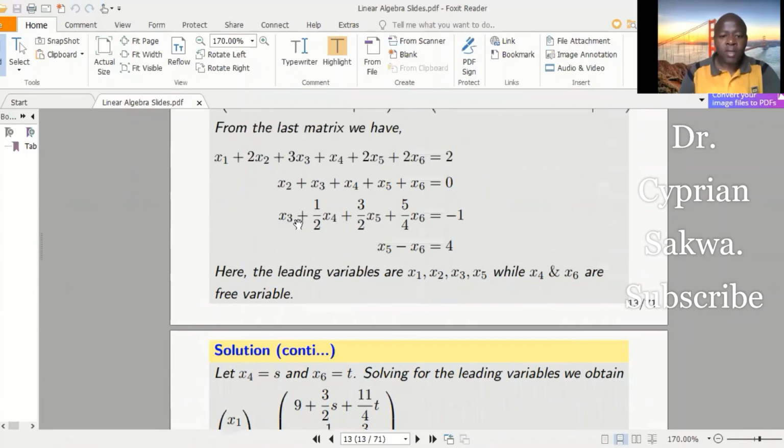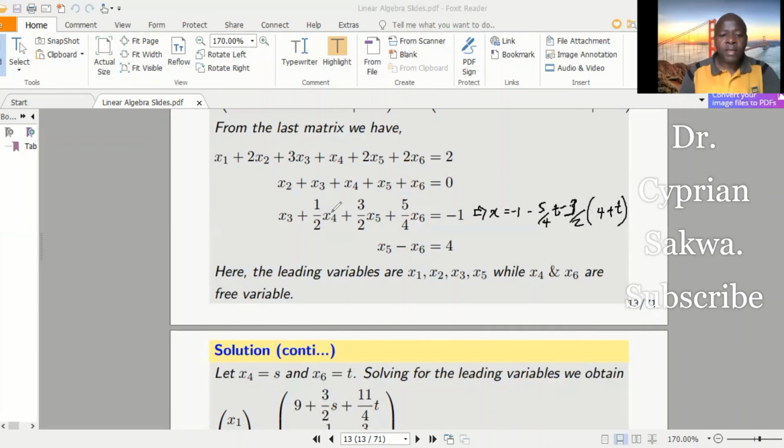So just move here and make x3 the subject of the formula. So x3 is -1 minus 5 over 4 x6, which is t, minus 3 over 2 x5, which we now have. X5 was 4 plus t.